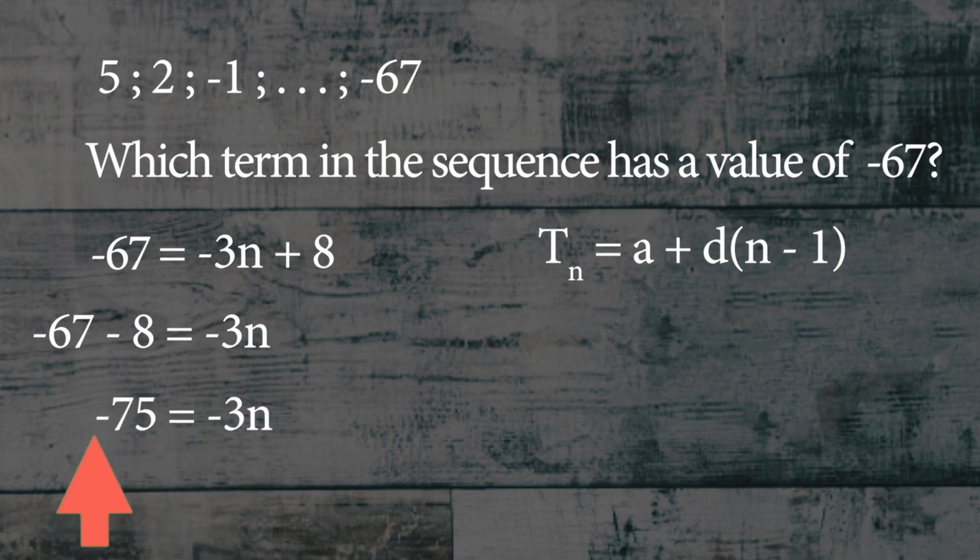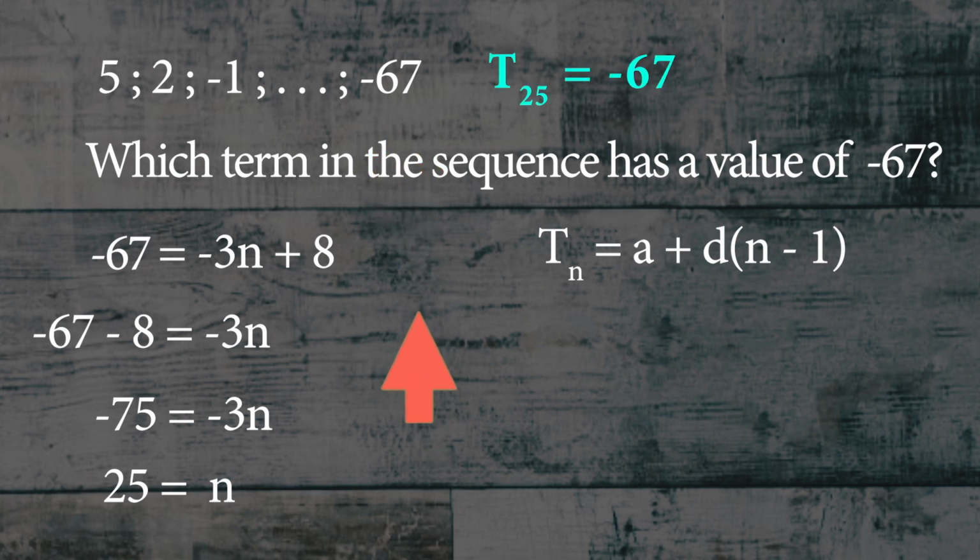That gives us minus 75 equals minus 3n, and then we take the minus 75 and divide by the coefficient, which is minus 3. Minus 75 divided by minus 3 gives us an answer of 25. So the 25th term in the sequence will be minus 67, and that's it. T25 is equal to minus 67.